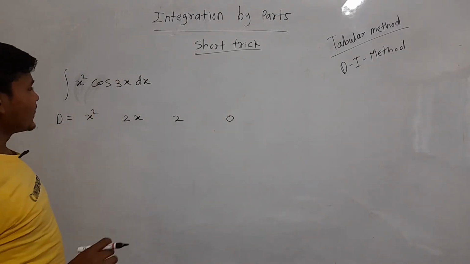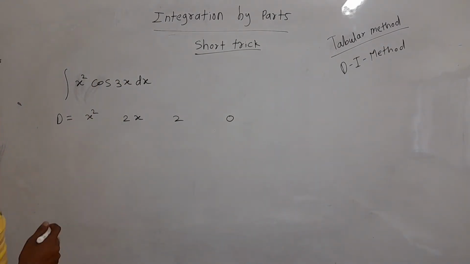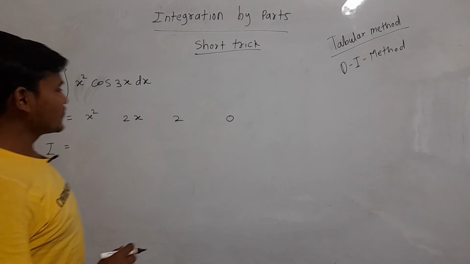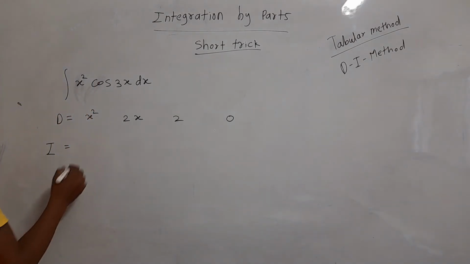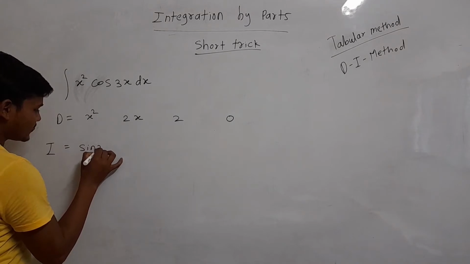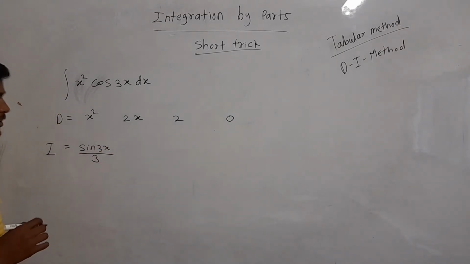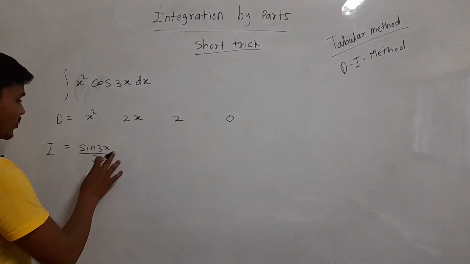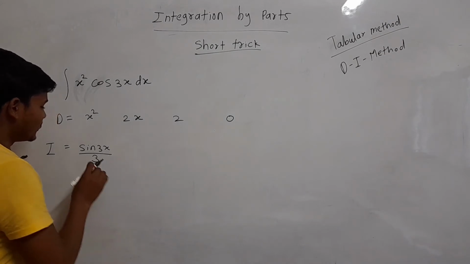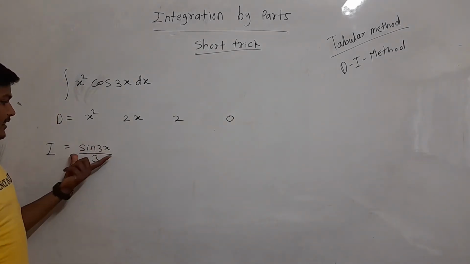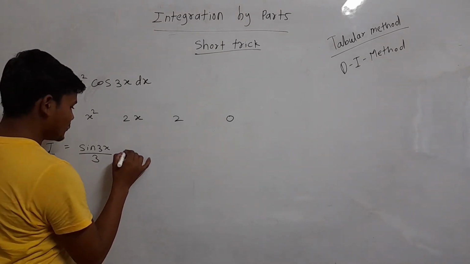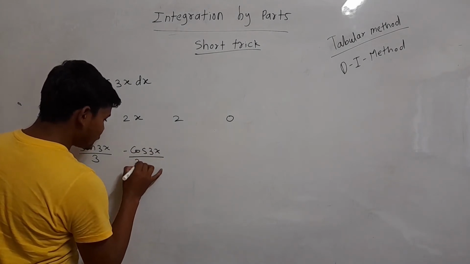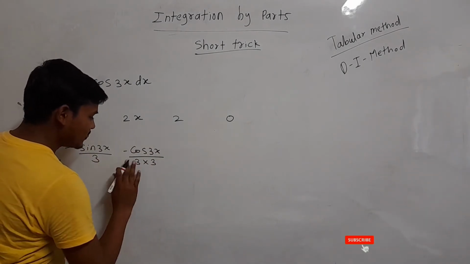Now integrate the second function cos 3x. The integration of cos 3x is sin 3x by 3, because 3x is the function and the derivative of the function goes in the denominator. Then integrating sin 3x gives minus cos 3x by 3 into 3, that is 9.